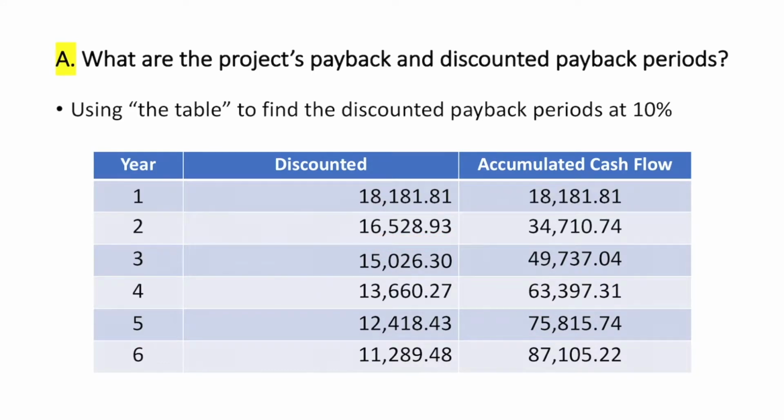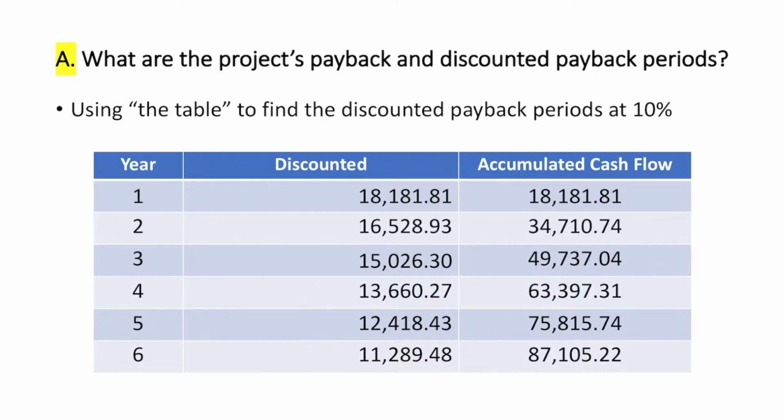$16,528.93. The next column in the table is accumulated cash flow in the second year, using the sum of last year's part with the discount of this year, that becomes $18,181.81 plus $16,528.93, which is equal to $34,710.74.